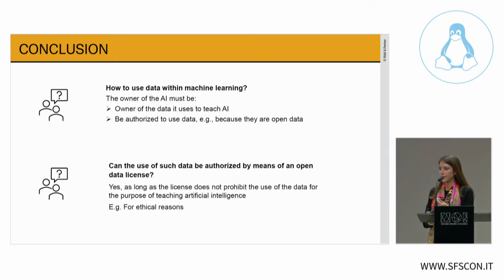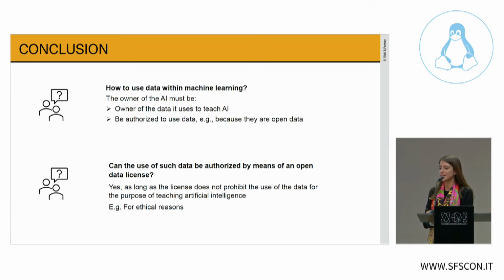But since the new regulation prohibits some uses of artificial intelligence systems, it is possible that the existing open data licenses will be changed, and in these licenses some limitations or restrictions will be introduced according to the new regulation. Therefore, also in the future, it will be very important to understand the conditions and the restrictions of the licenses.